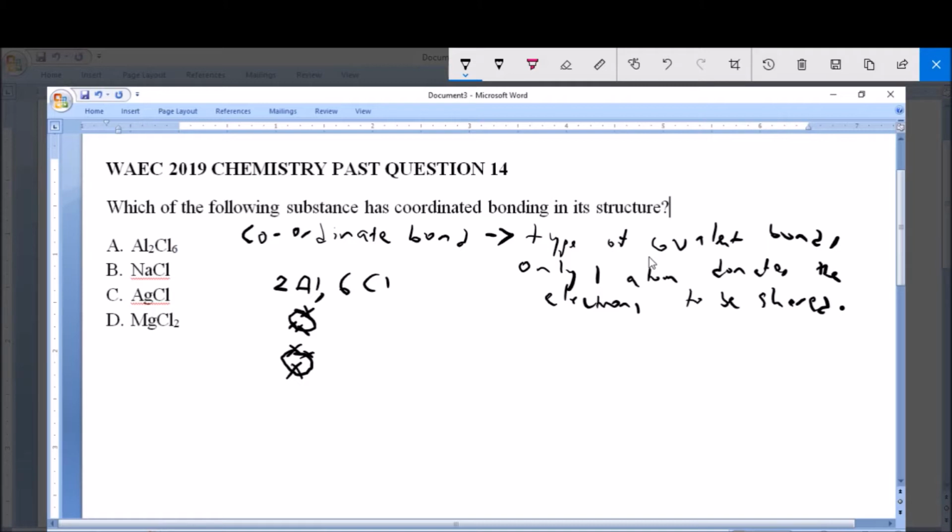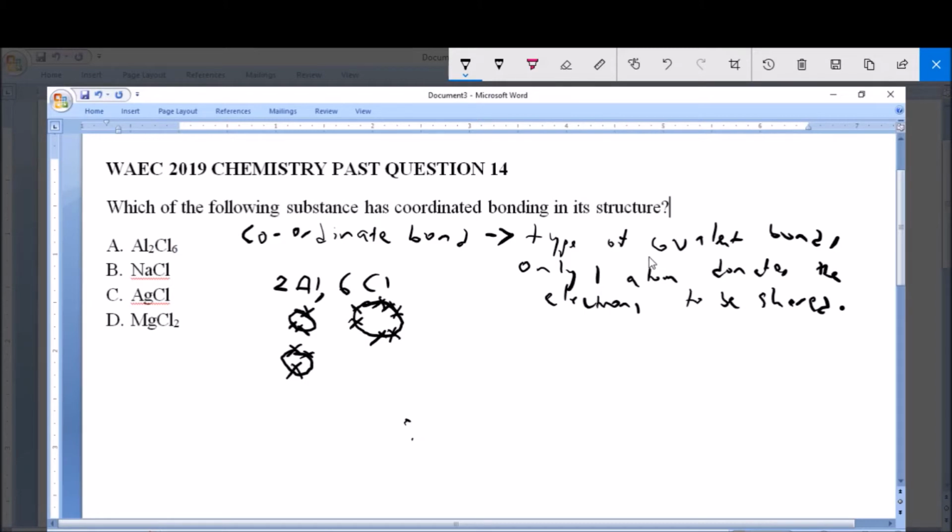And then chlorine has 7 electrons on its outermost shell. So let's illustrate that: 1, 2, 3, 4, 5, 6, 7. So you have 6 of it.